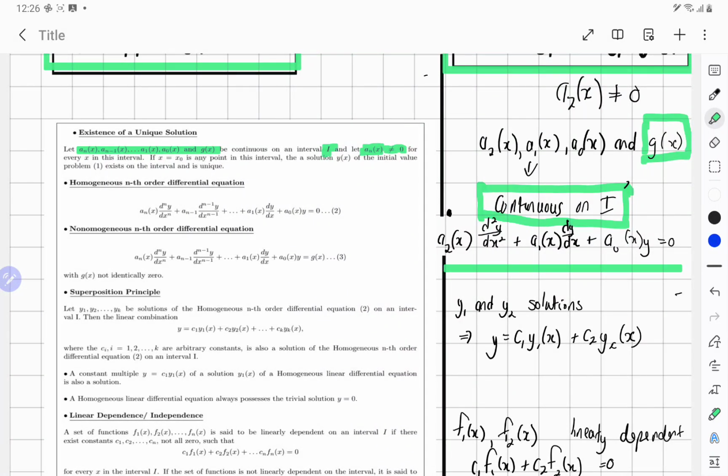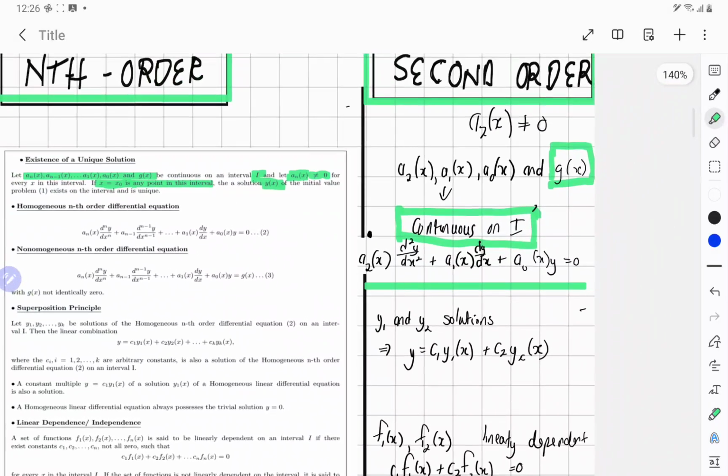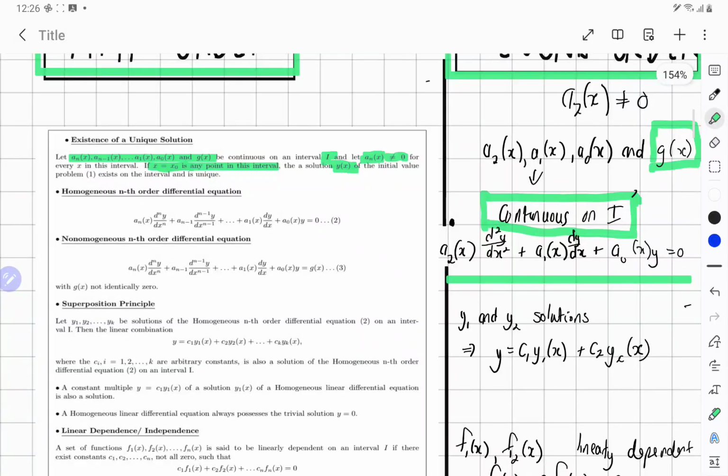Now, if I have an initial point in this interval, then the solution y(x) of the initial value problem will exist on that interval, and it will be unique. So let's compare that to second order.